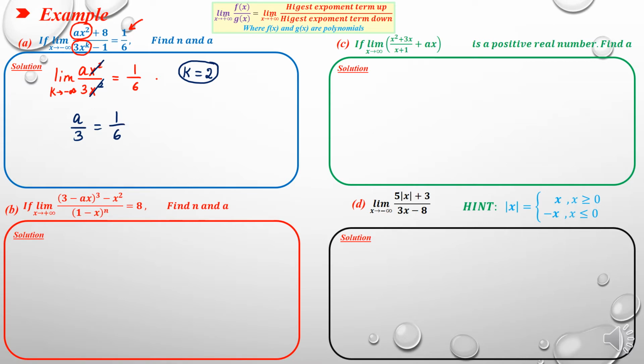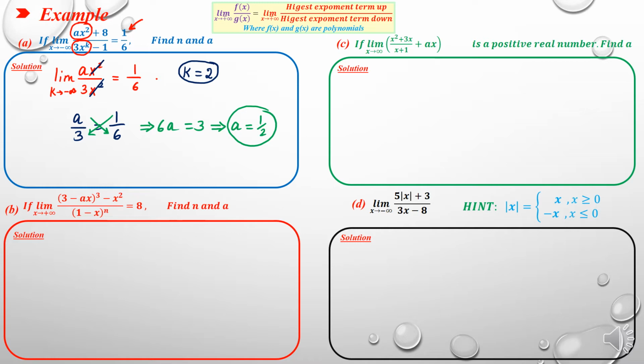Then you have to cross multiply. So a times 6 is 6a equals 1 times 3, which is 3. Then you divide both sides by 6, and you'll get a equals 3 over 6, which is 1 over 2, and this is the value of a.